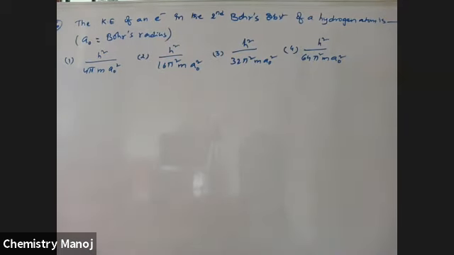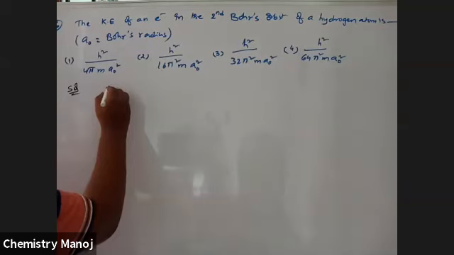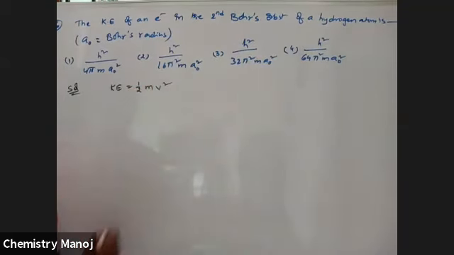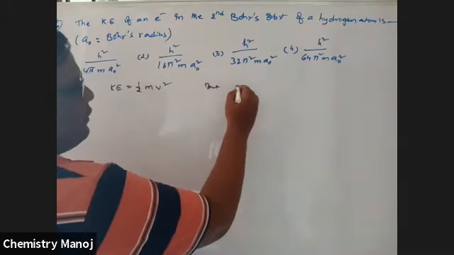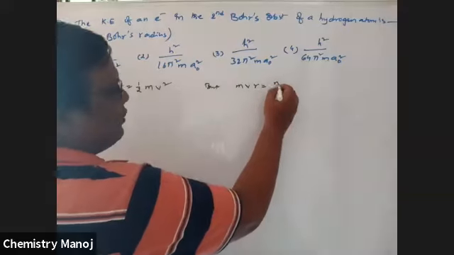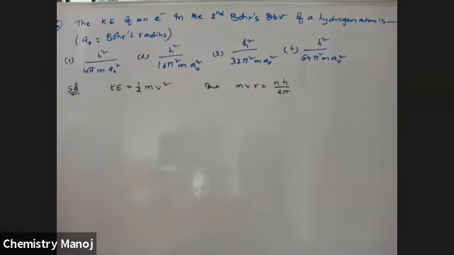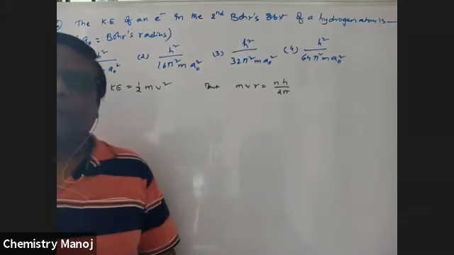See here. Solution. We know KE is equal to half mv square. But mvr is equal to nh by 2 pi. That is Bohr's quantum condition.